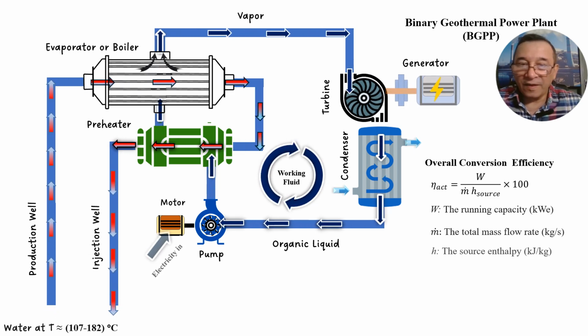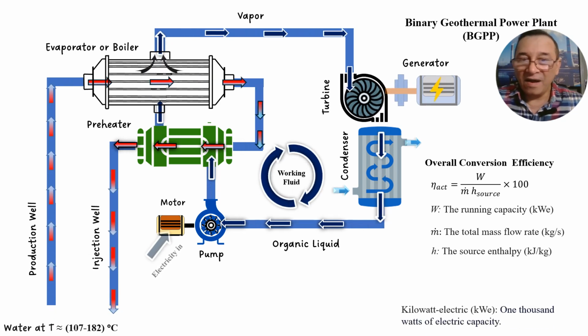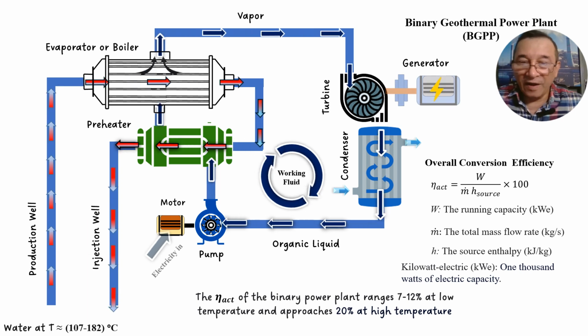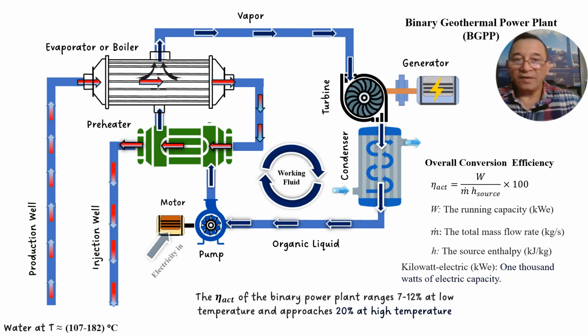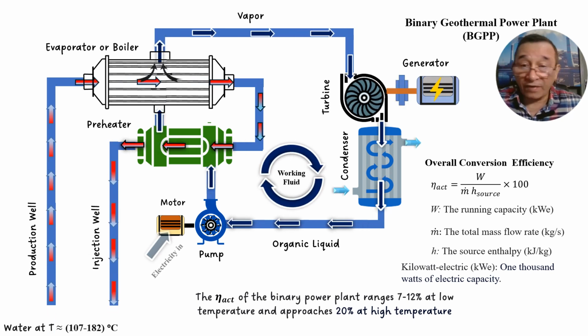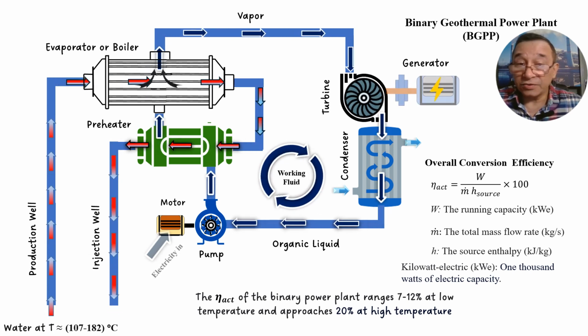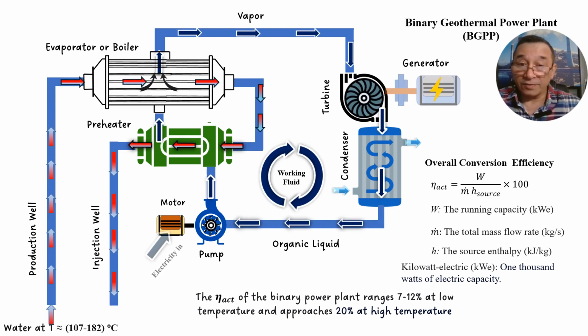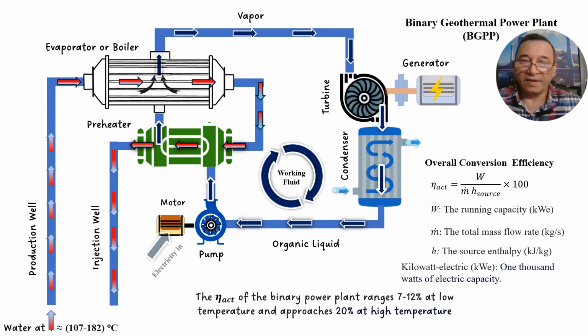The general values for these binary systems range between 7 and 12 percent at low temperature, and these values may approach 20 percent at high temperature of the energy source supply, I mean the hot water from underground.